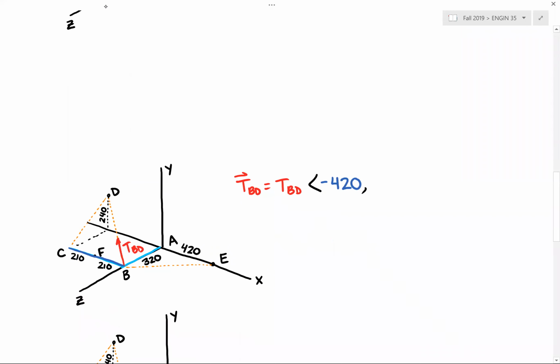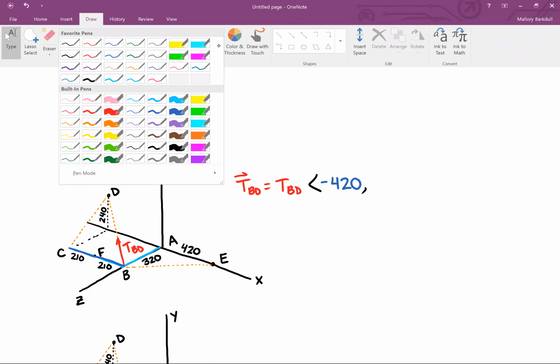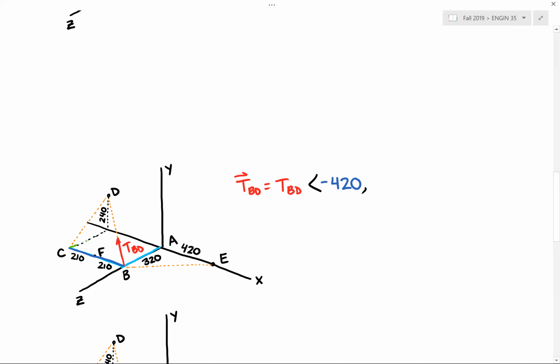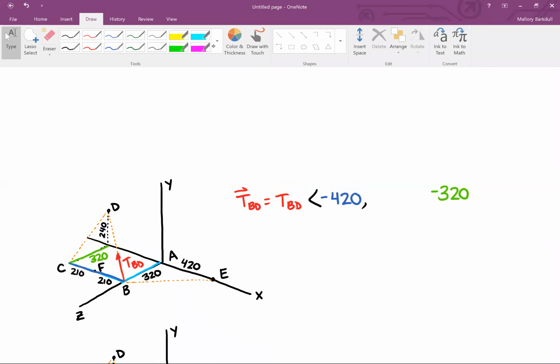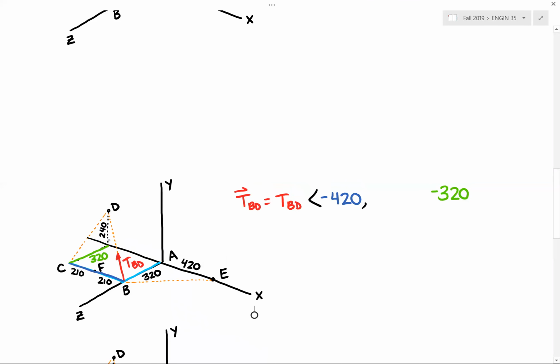And then after that, in the z direction, I go this distance. So that is 320 in the negative z direction. And to end up at D, I then have to go 240 positive in the y direction.